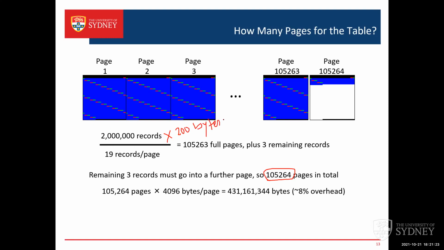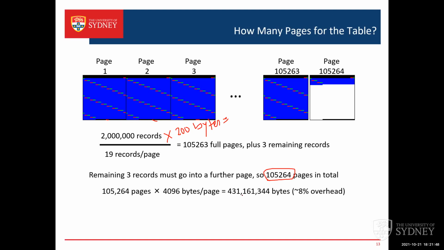But we can see here that this is more than that. Why? Because we have to use some space to store the header data, 250 bytes for each page. And also there is some wastage in each page, right? We have calculated that in each page, we have 46 bytes of wastage.